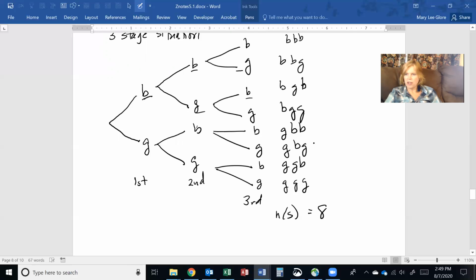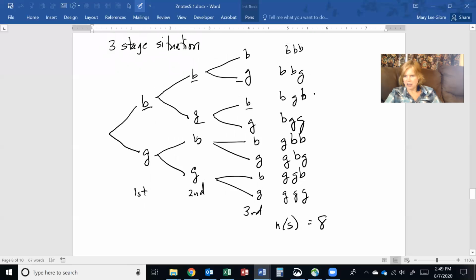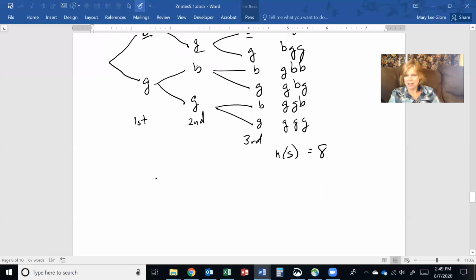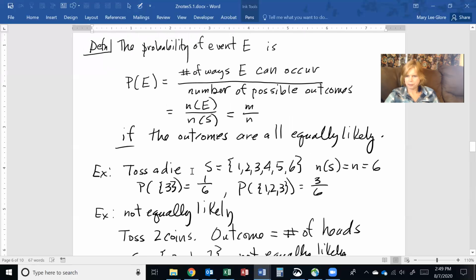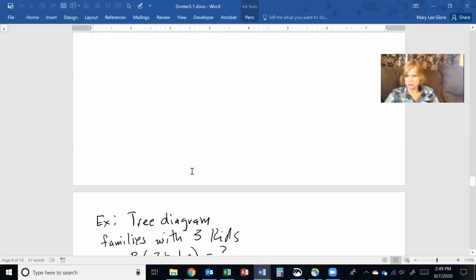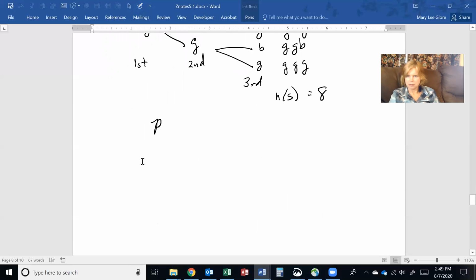So the probability of each outcome is 1/8 for each combination.